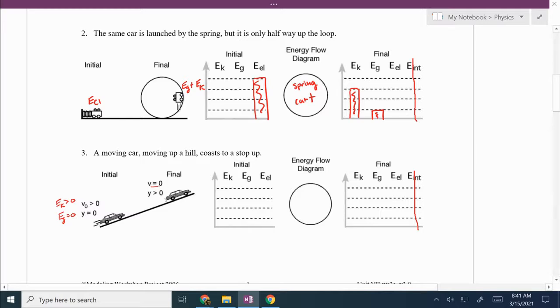And then v equals 0 at the end tells you that you don't have any kinetic energy because you're not moving. And y greater than 0 tells you that you do have some gravitational energy, so gravitational energy is not equal to 0.